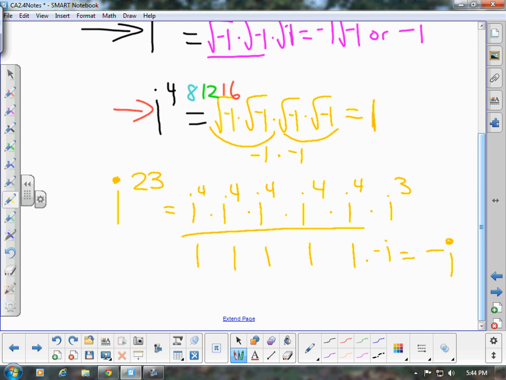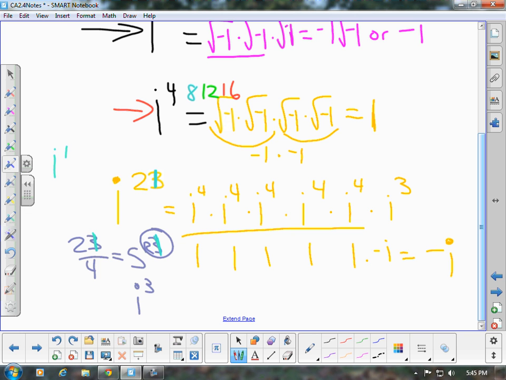Now, so that you don't have to go through that whole big process, if you just take 23 and divide it by 4, that's 5 with 3 left over, so that's the same as i to the third. If you were trying to find i to the 21st power, 21 divided by 4 is still 5, and then there's 1 left over, so that's like i to the first power.